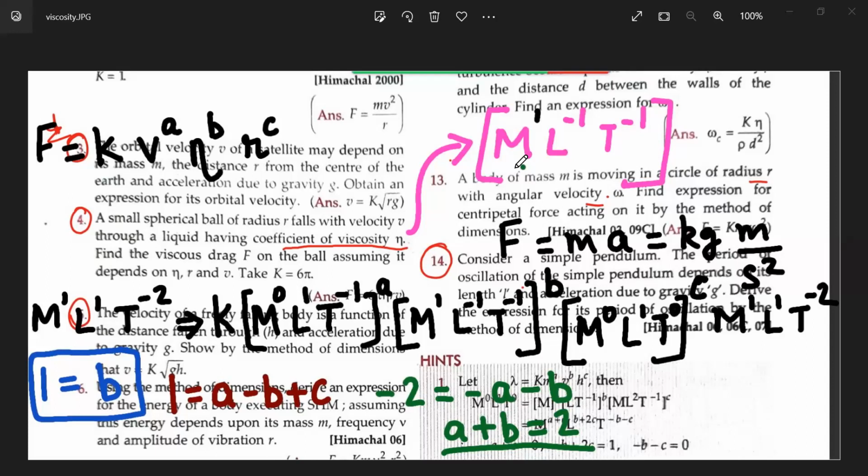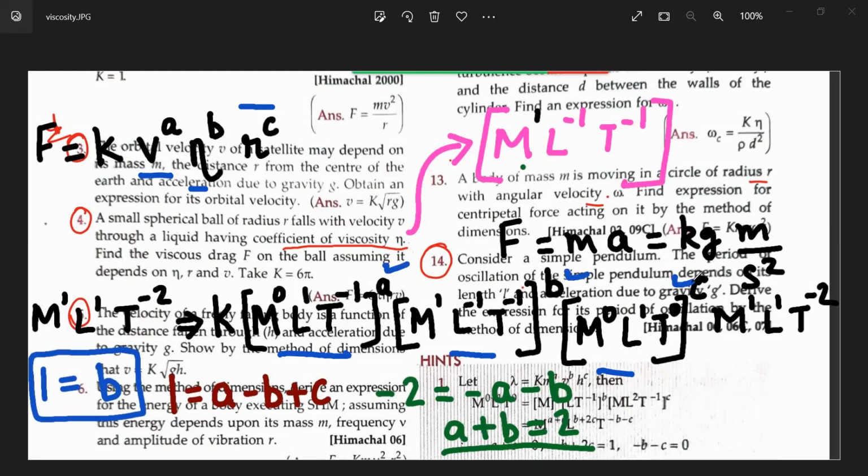Of course, I should at least be aware of how to write the MLT notation for velocity. It is meter per second. For neta, I have copied from the annexure, and for radius, this would be distance, so M is 0, T is 0 and L is raised to power 1. So on the right hand side, this would be raised to power a, this to power b, and this to power c.